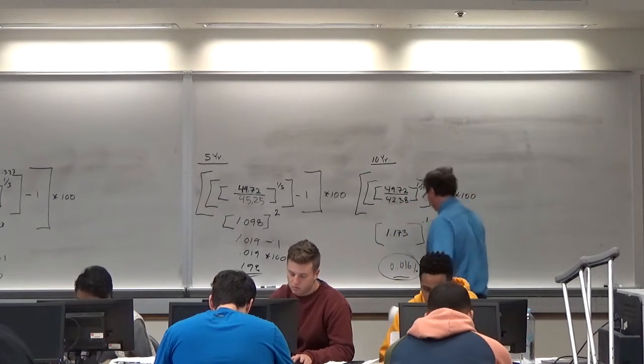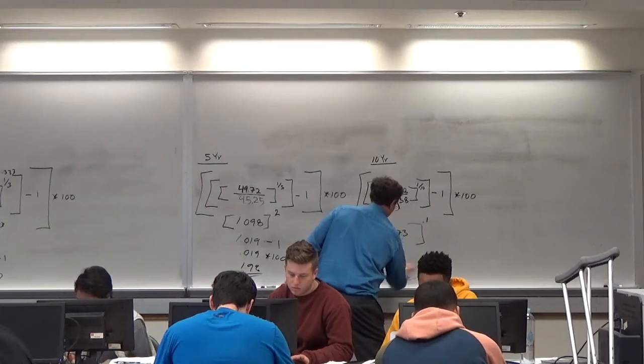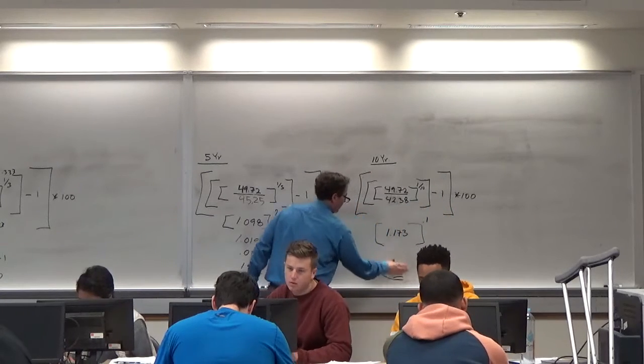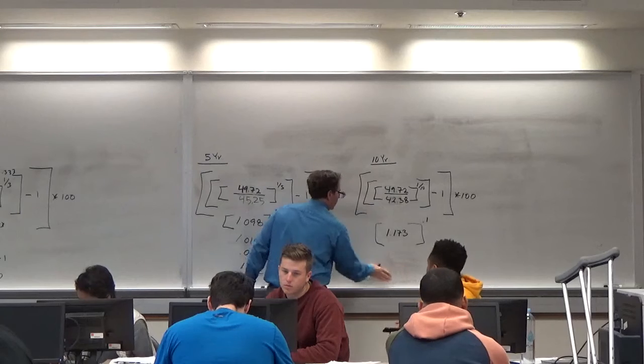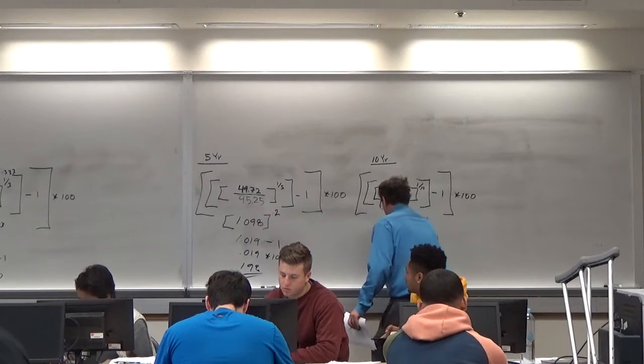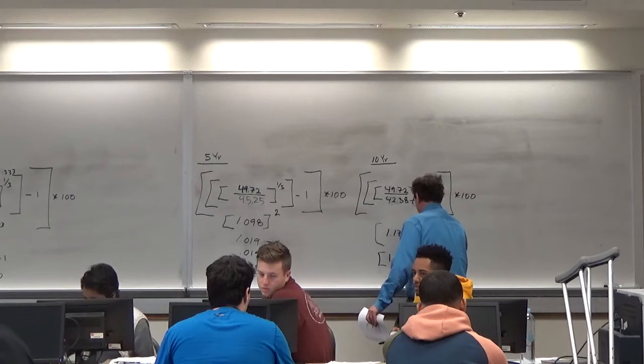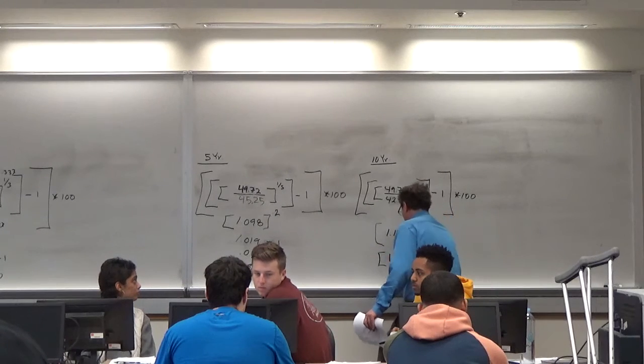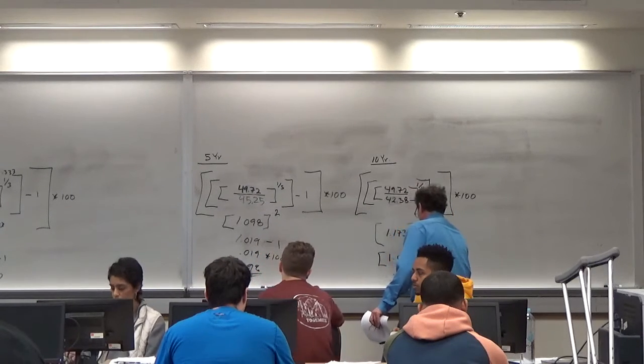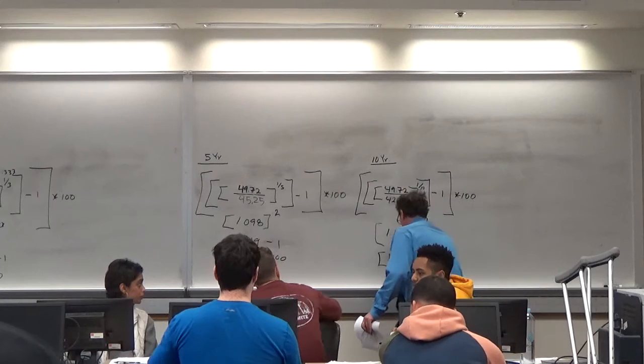Okay, and what do we get? 1.016. Minus 1, 0.016 times 100. 1.6.